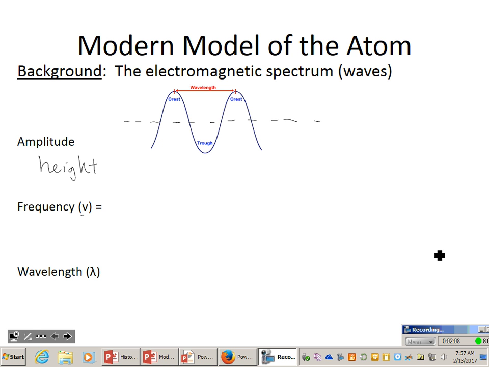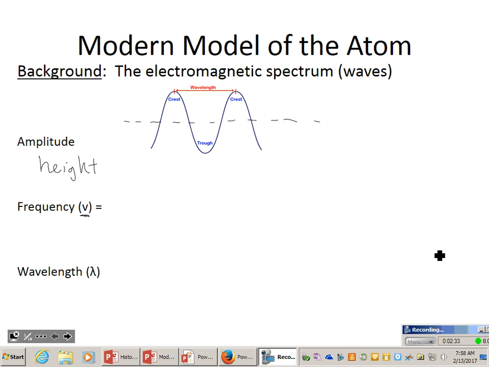Frequency, the variable that we use to indicate frequency is, I use a V because I can't really find the Greek letter nu, which is what it is. But we can kind of think of it as a velocity as well. Physicists would get upset about that, but I'm going to use that for frequency. Don't be offended.